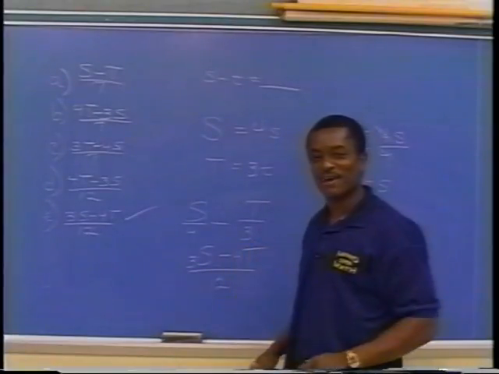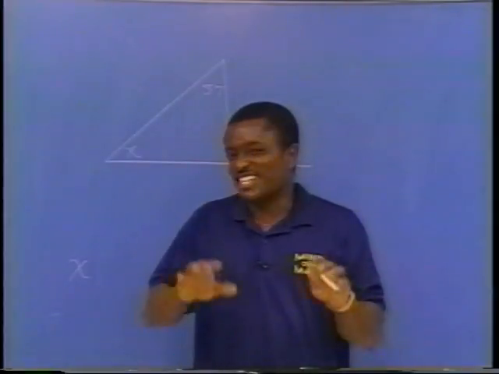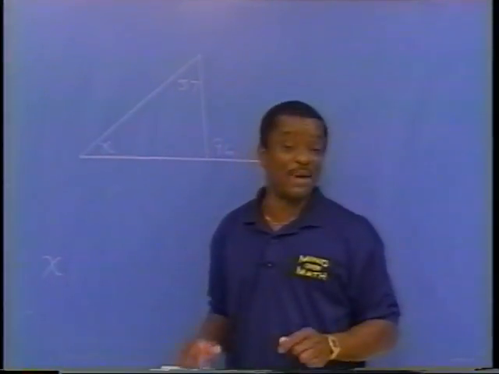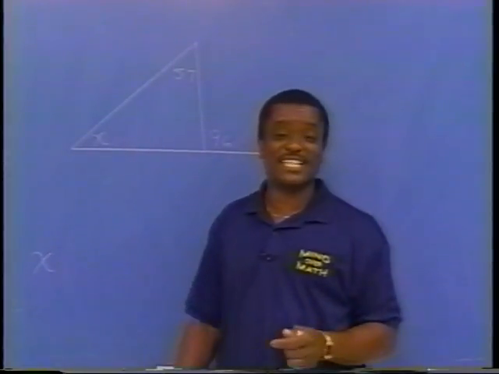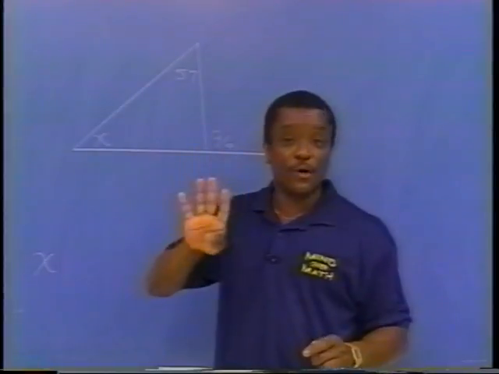Let's look at another problem. Now, let's lighten up just a bit. Here we're dealing with quantitative comparisons. And on typical standardized tests involving quantitative comparisons, we have 4 choices.